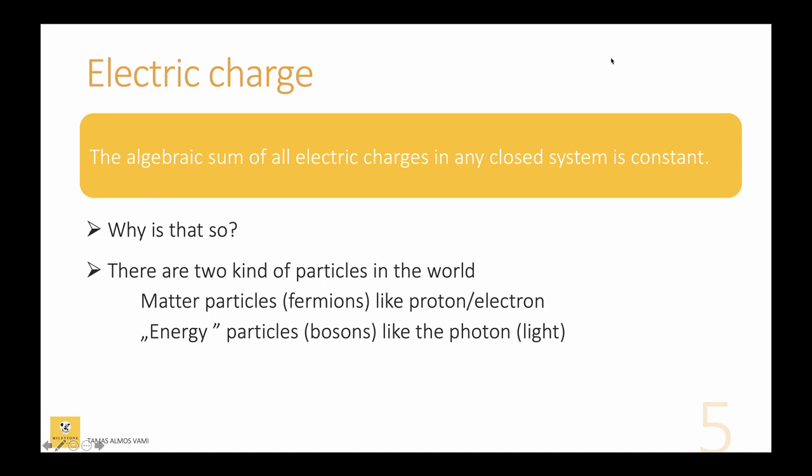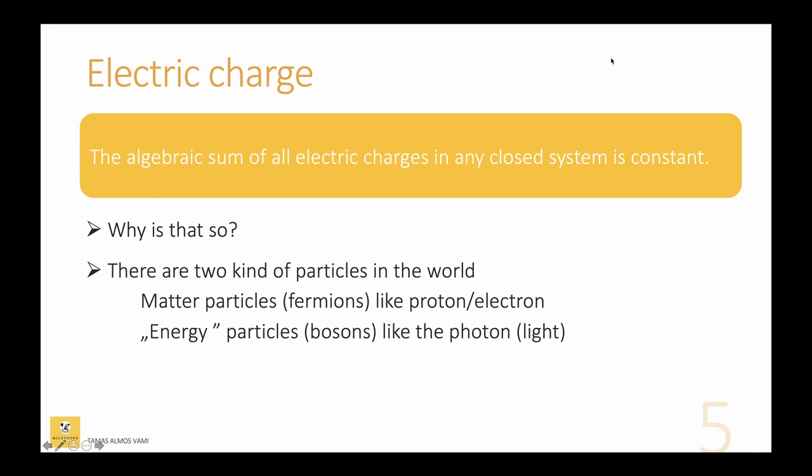Essentially, the answer is in the lines that there are two kinds of particles in the universe: matter-like particles, which we call fermions, and energy-like particles, whatever that means. You could also think of them as the particles responsible for interactions, which are called bosons.